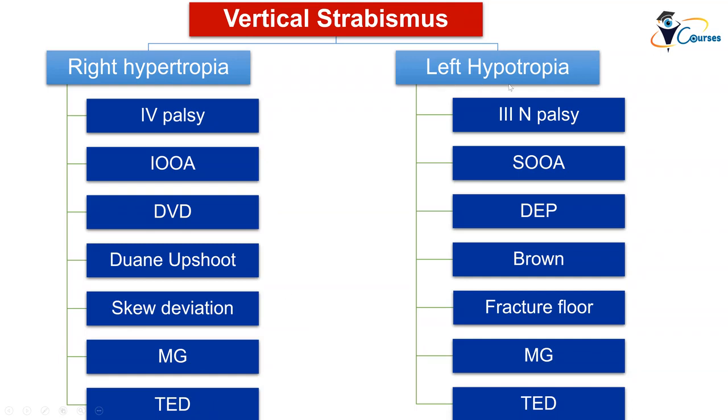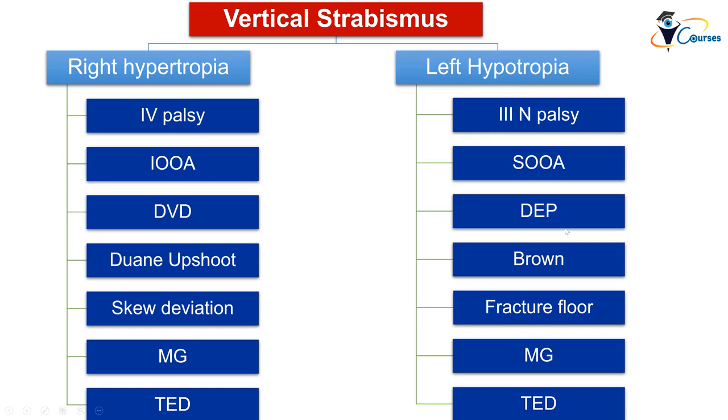For hypotropia, it can be due to third nerve palsy, because it will cause paralysis of the superior rectus resulting in defect in elevation, so causing hypotropia. Superior oblique overaction. A superior oblique is a depressor. If it has overaction, it will cause more depression, causing more hypotropia.